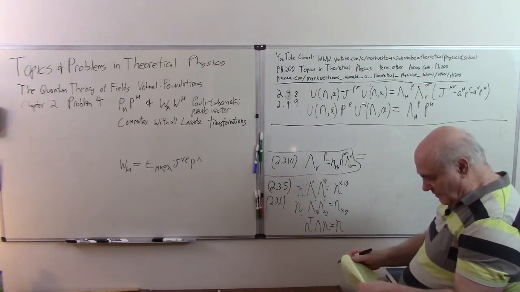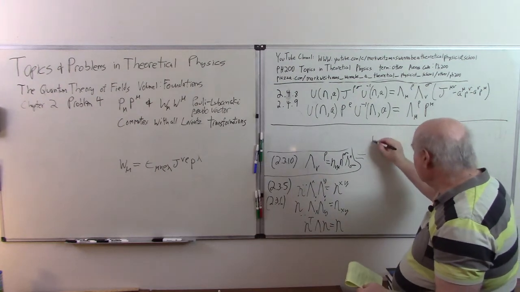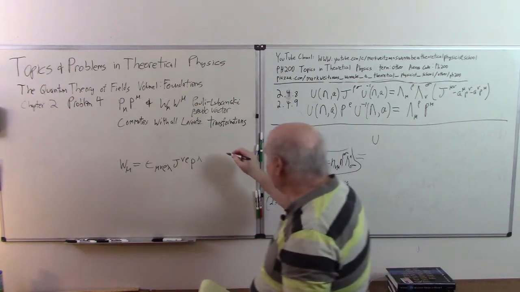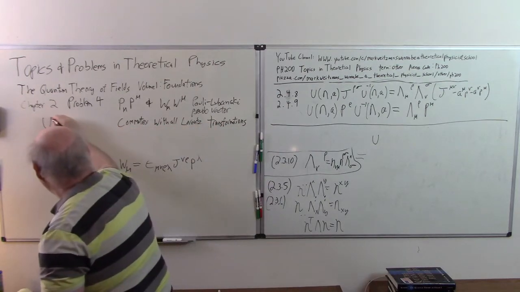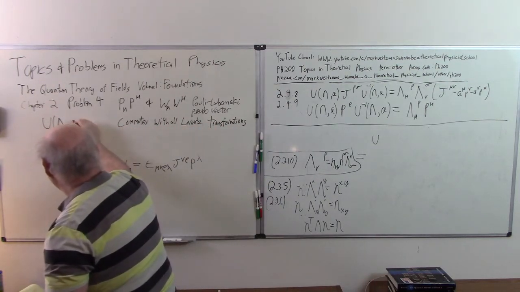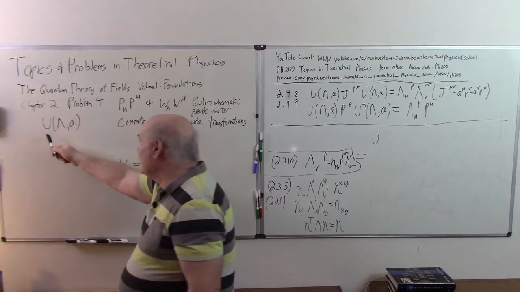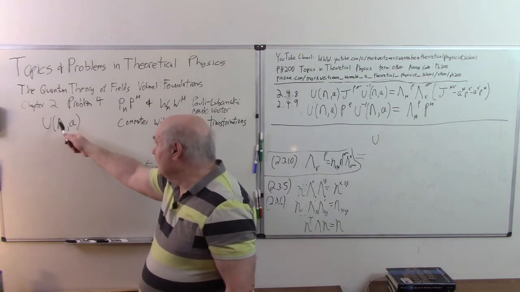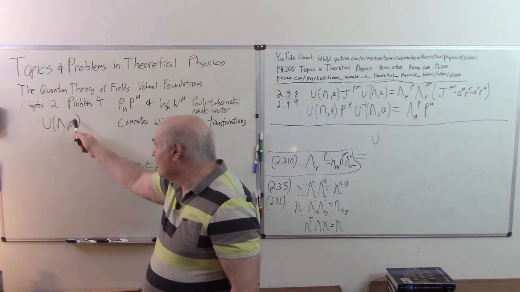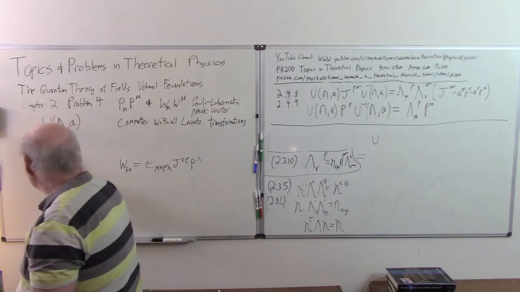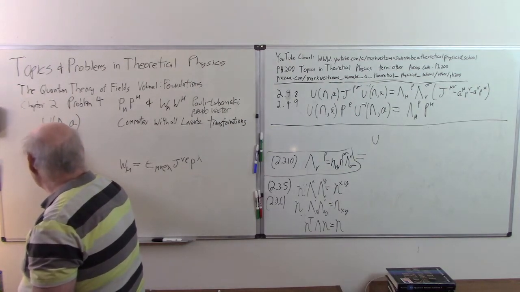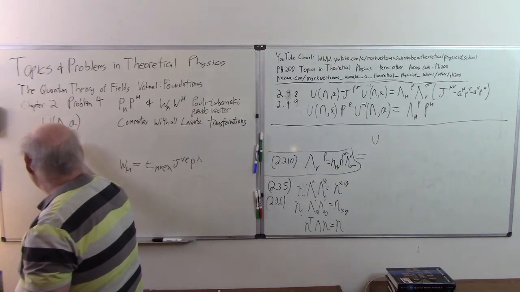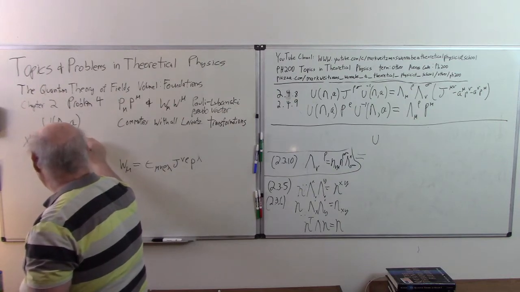We're going to have U of, just to review, lambda comma A. This is the unitary operator which represents the Poincare transformation given by a Lorentz transformation lambda and a translation A. So we'd have something like x prime equals lambda^mu_nu x^nu plus A^mu.